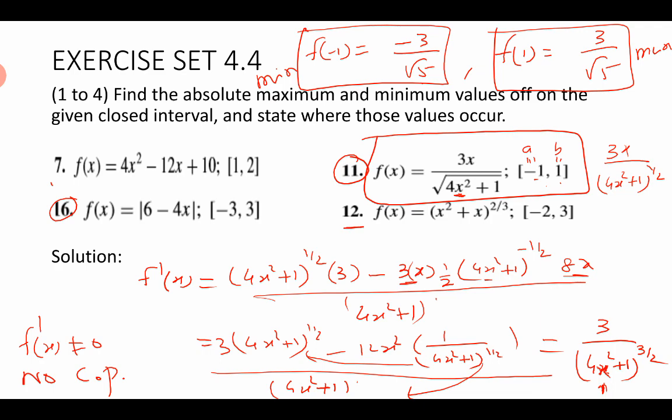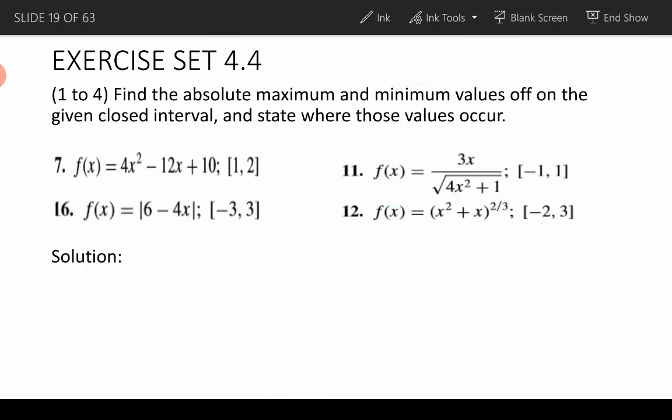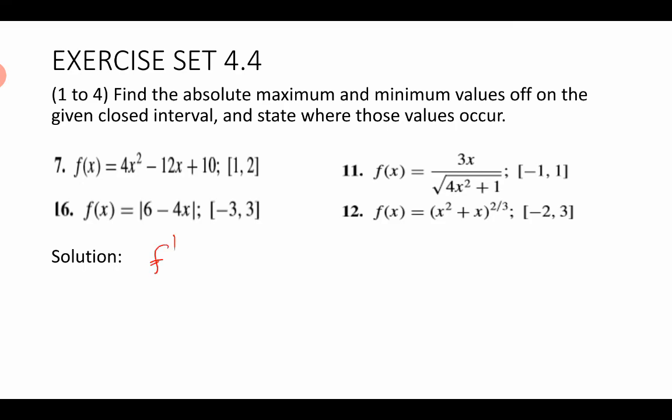That's it. Let me try problem number 12. I'm leaving it for you. Again, find all possible critical points in between -2 and 3 and find f at every point. 16 is a different one, so I try 16. F of x is given. Find f prime.